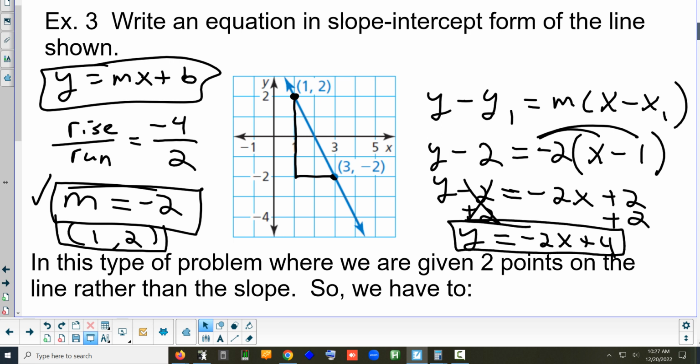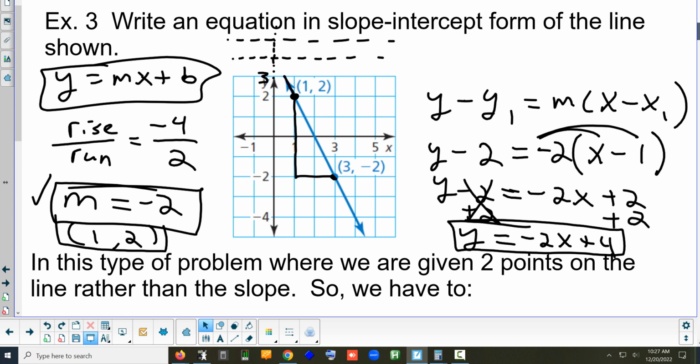So now, by converting it to slope-intercept, we know the y-intercept. What's the y-intercept in that equation? Yep, 4. Look at your graph. I know it goes off the graph, but if I extend this up and draw the grid the best I can, this is 2, this is 3.